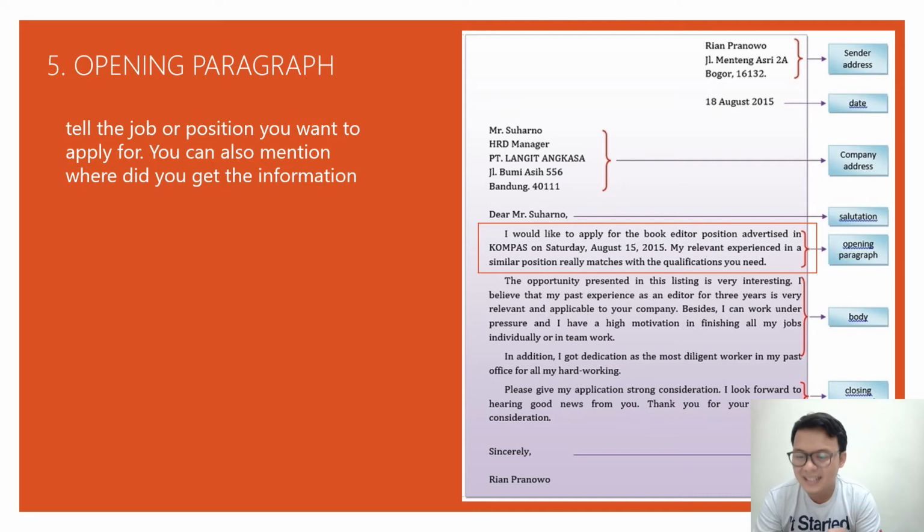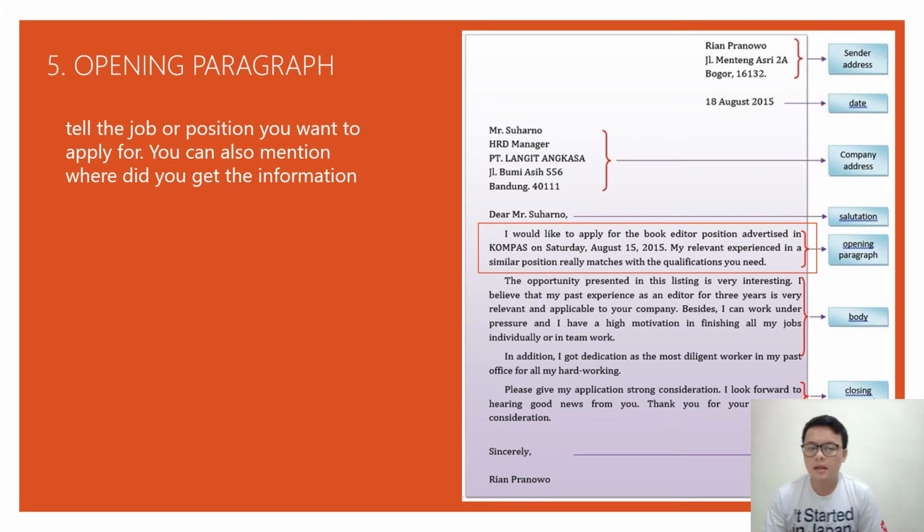So basically, Rian Pranowo has already told the company two different pieces of information in one paragraph. "I would like to apply for a book editor position, which was advertised in Kompas." Means that Rian Pranowo read the job vacancies on Kompas, right?